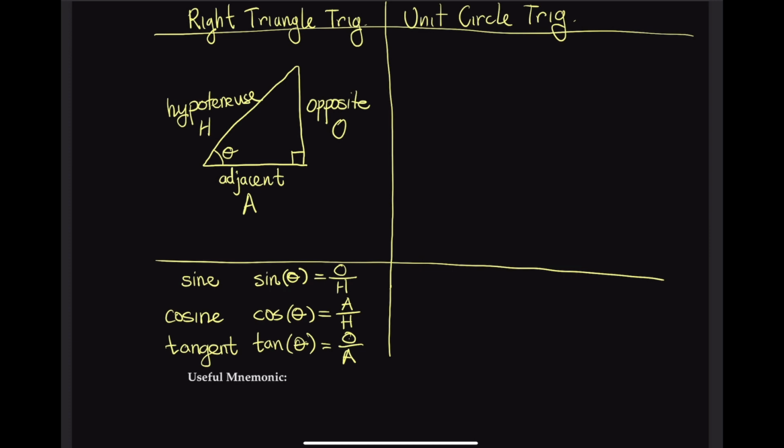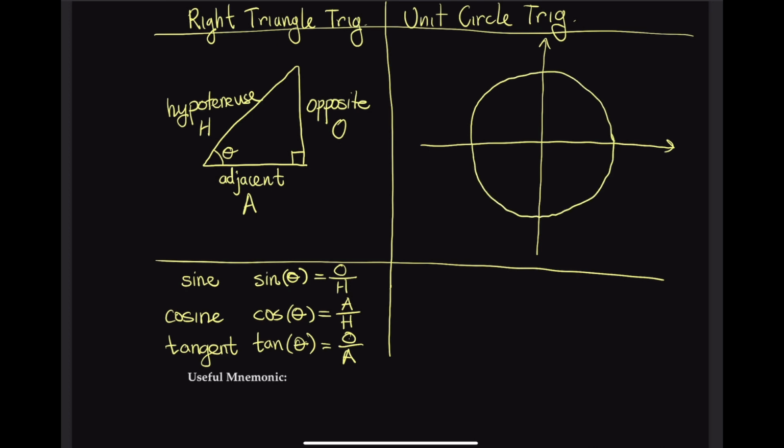Now, what unit circle trigonometry does is it just embeds this picture inside of a unit circle. So here's what I mean by that. We're going to draw a triangle, this time inside of a unit circle that's centered at the origin, embedded in the xy plane. Now, what we can do is draw a triangle that just touches that unit circle, and this is going to be how we define sine, cosine, and tangent using the unit circle.